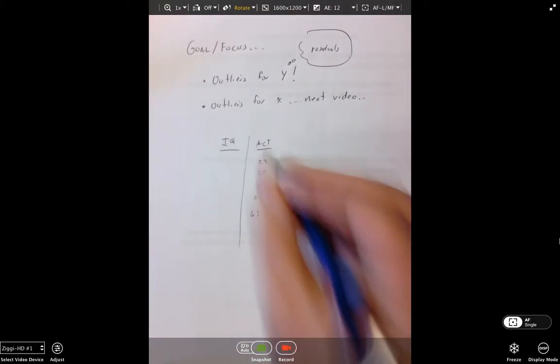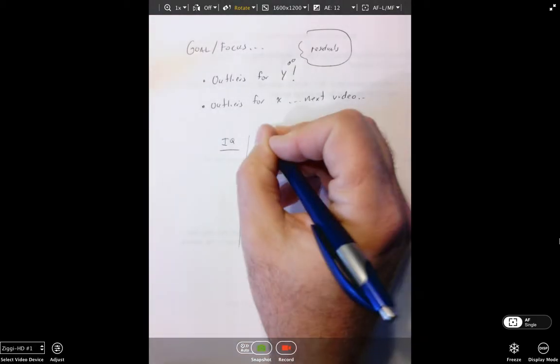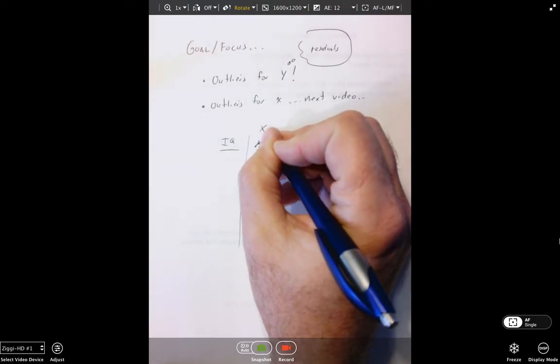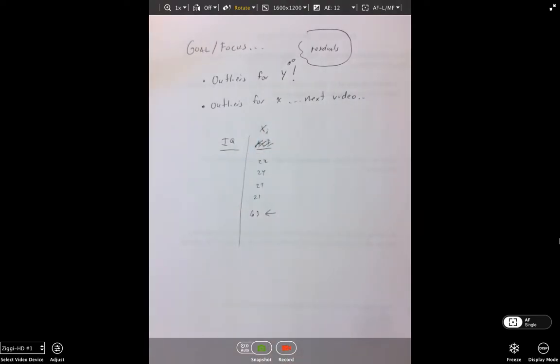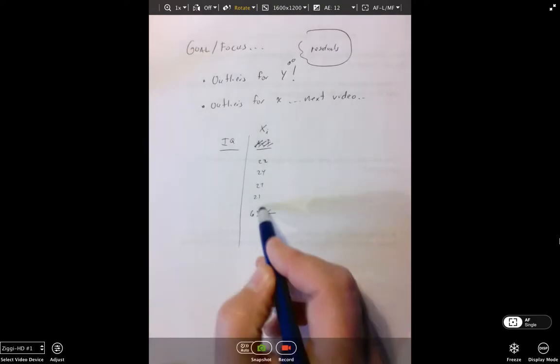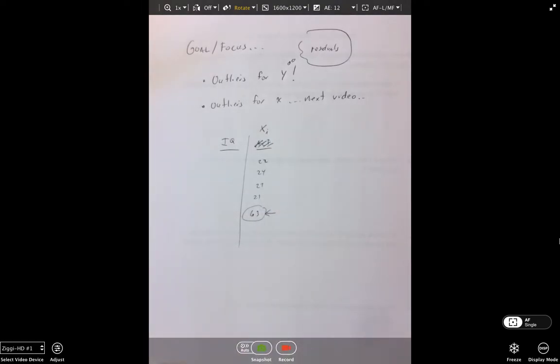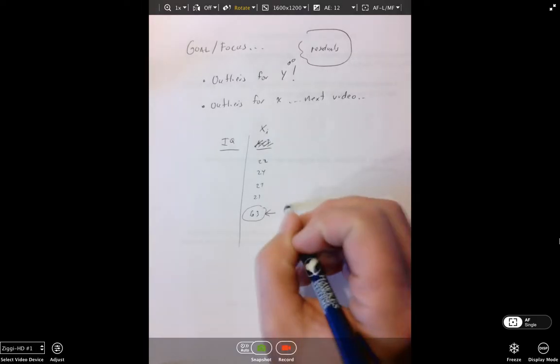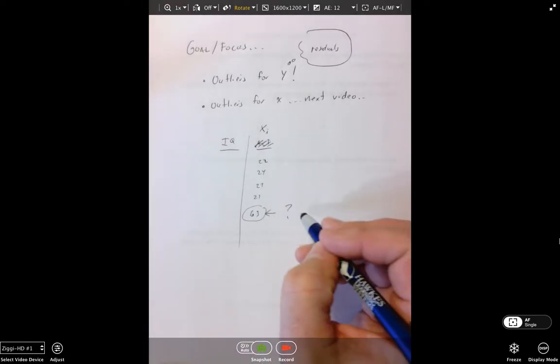Who knows? But if I give you a variable in your data set, and you don't know the context of the measurements, for example, let's say the 63 is something that could be attained, where it couldn't be in the ACT. Well, you're sitting there looking at that, and that's clearly an outlier.